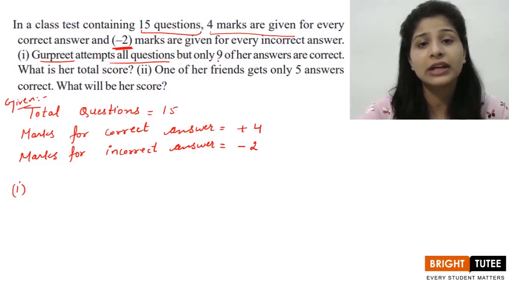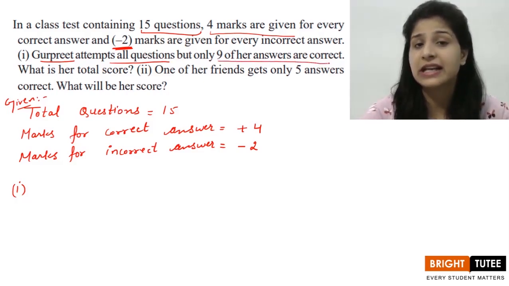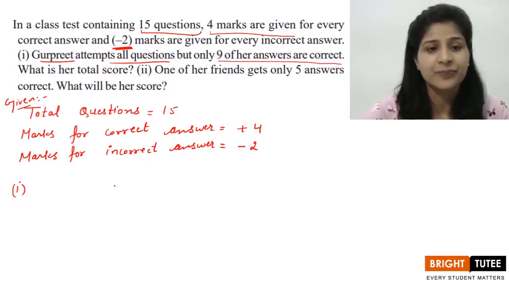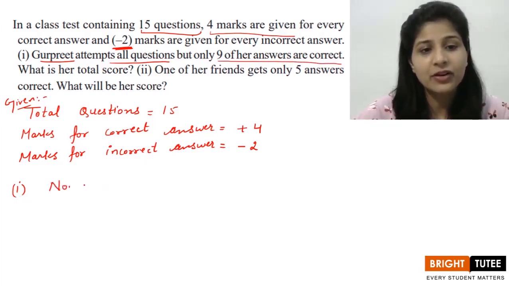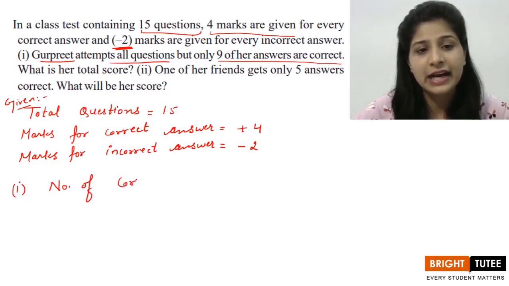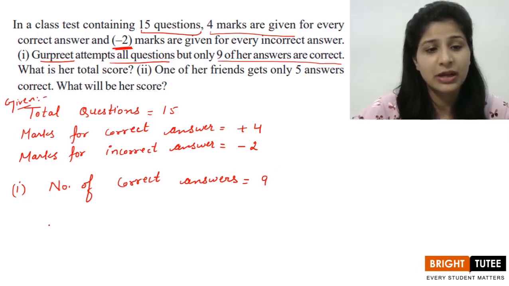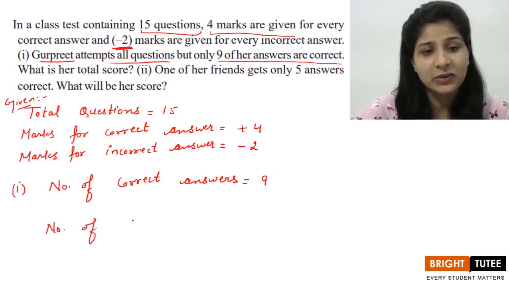Now, but only 9 of her answers are correct. If 9 are correct, how many are incorrect? So we will write number of correct answers. What is the number of correct answers in the question, beta? They are 9. Okay. So number of incorrect answers is how many?